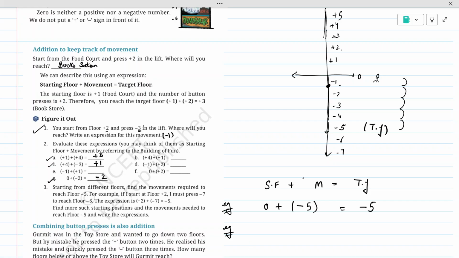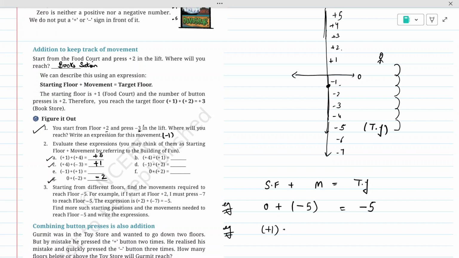The second thing which we can do is, now I am moving to the first floor. So my starting point is the first floor now. Okay, this is my starting point, and I have to reach minus 5. So let's see how many times I'll have to press minus. This is 1, 2, 3, 4, 5 and 6.